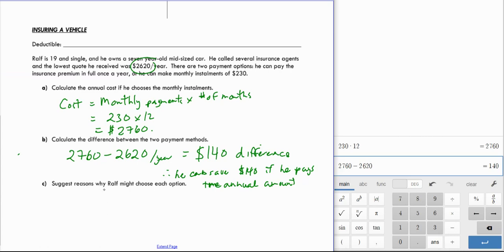Okay, suggest reasons why Ralph might choose each option. Well, choosing the one-time option costs less.